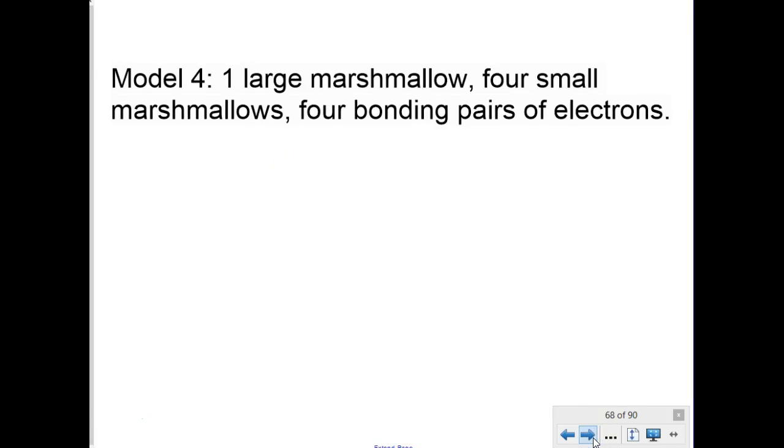One large marshmallow, 4 small marshmallows, and 4 bonding pairs of electrons, please. Because you've forgotten the most important thing. The electron pairs have to be as far away from each other as possible.